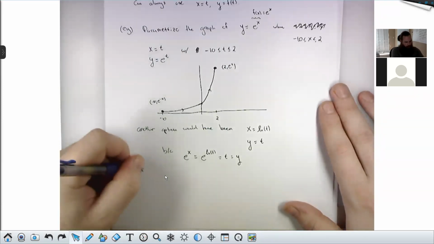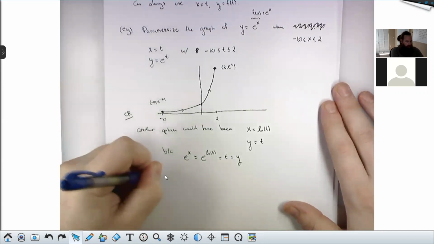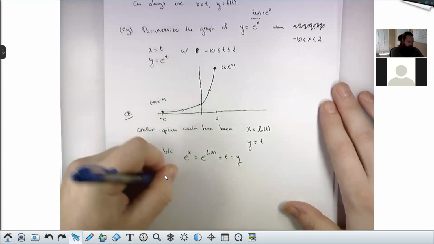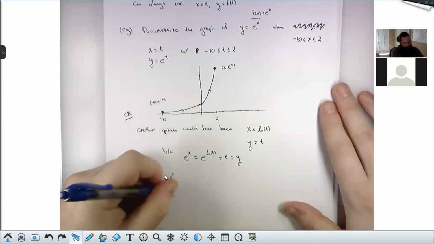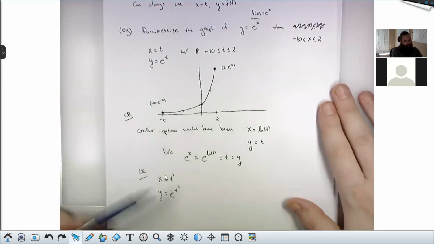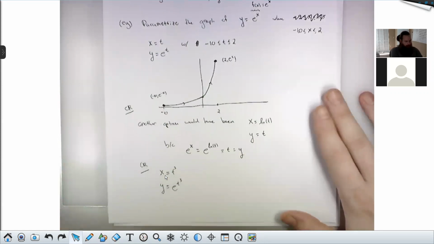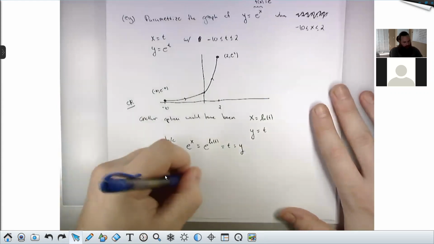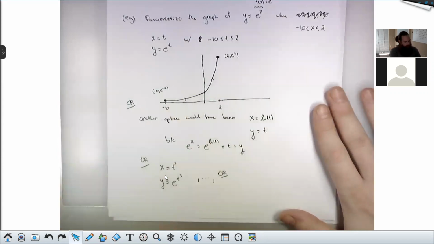Or I could have used x equals t cubed and y equals e to the t cubed, because this is still e to the this. There's other options. You can imagine there's actually infinitely many ways to do this. What else could we have used?